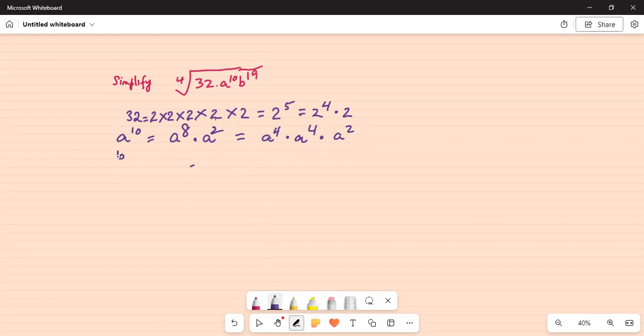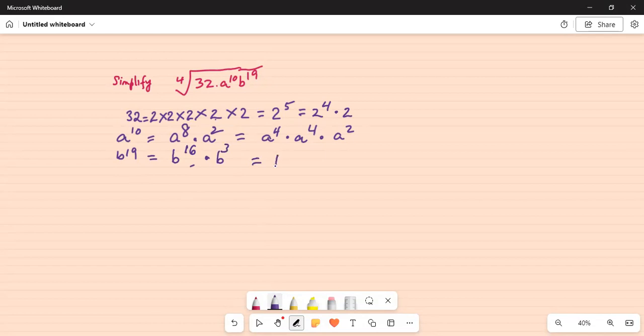And b to the 19 can be written as b to the 16 times b cubed. 16 plus 3 is 19.